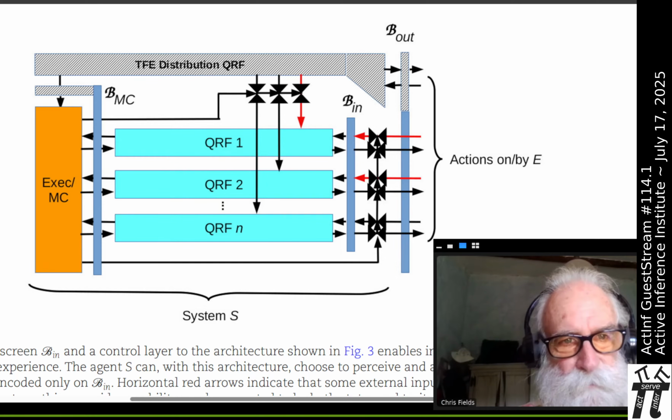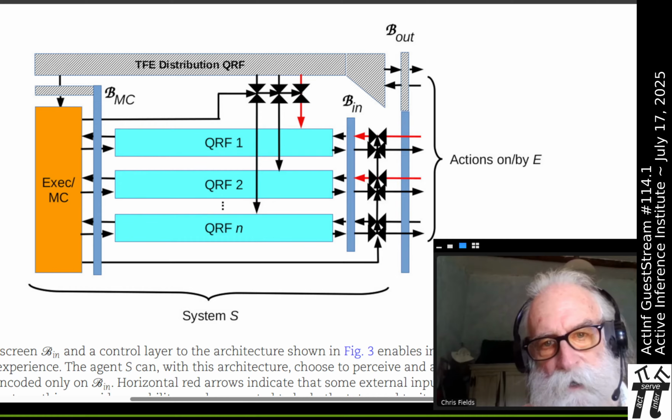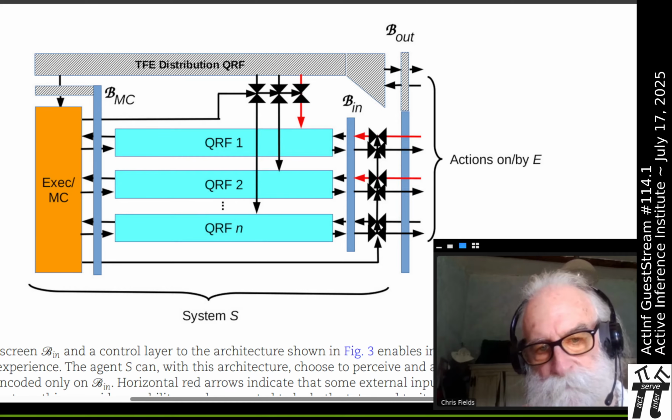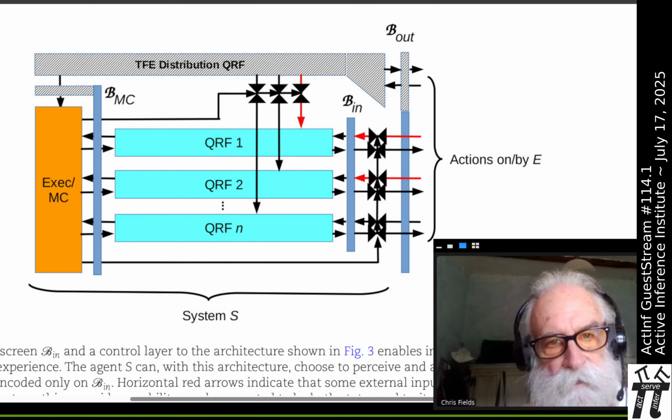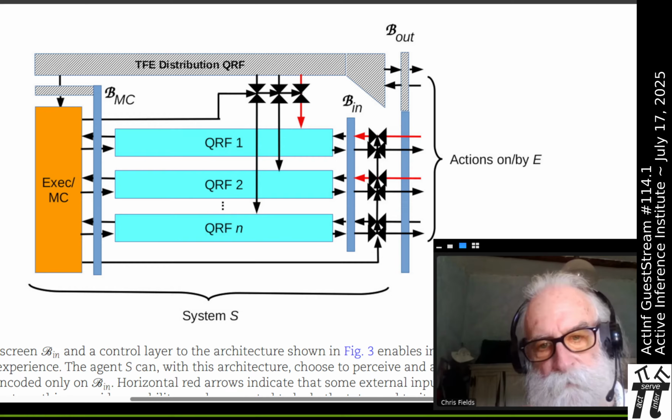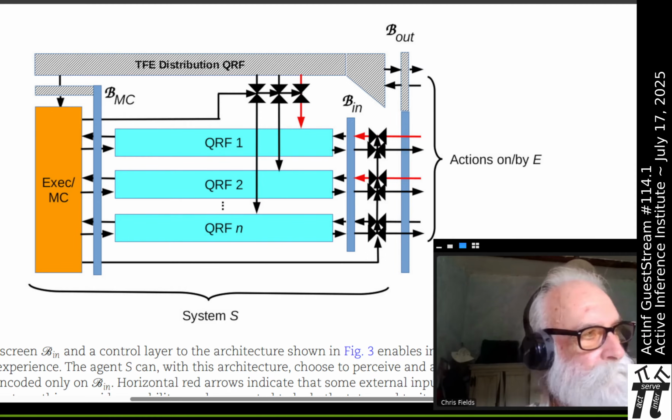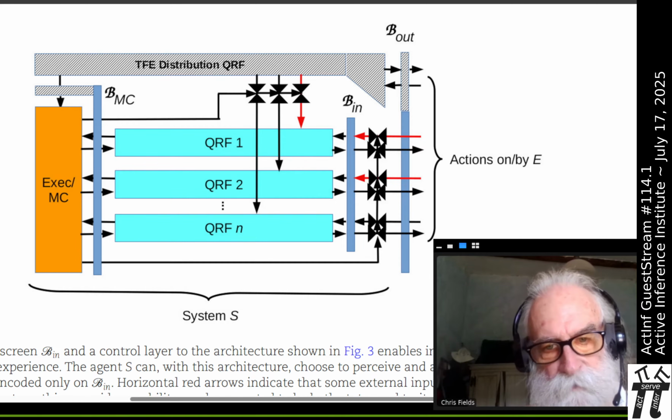And this picture is complicated by issues of control. Not only does the executive system or the meta controller need to manage the activity of the perception action modules, these QRFs, it needs to manage the flow of information between B out, the boundary that the environment can write directly on, and B in. Most of the time, it's going to leave those channels open.